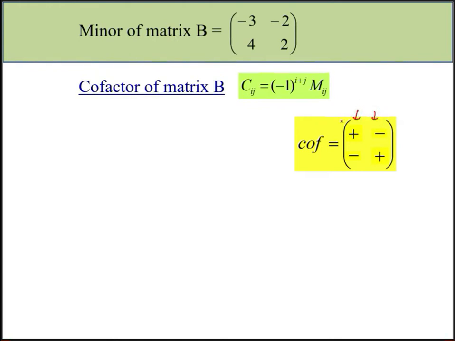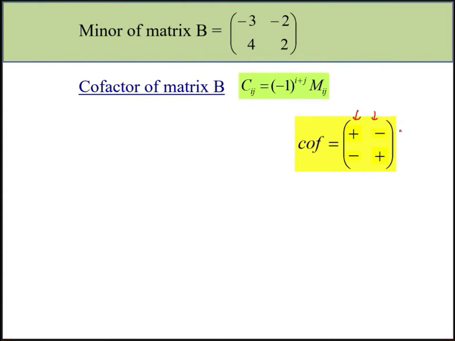It's because here the power will be an even power, because it's the addition of the first row and first column. And here it will be an odd number power, because it's the addition of the first row and second column. So the power is odd. And so on. The sign will always alternate.